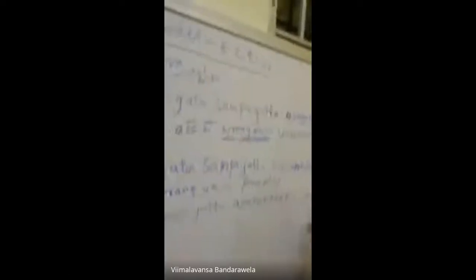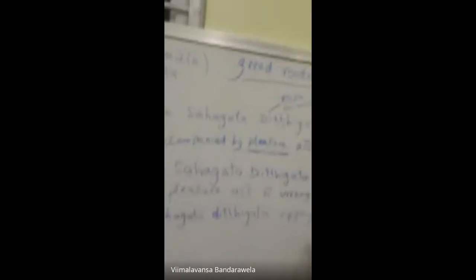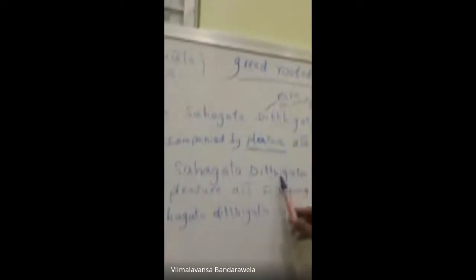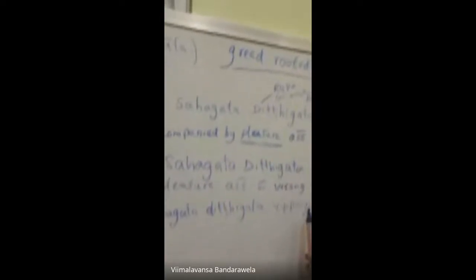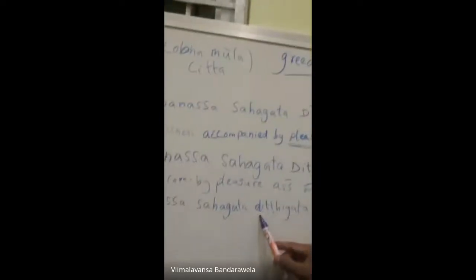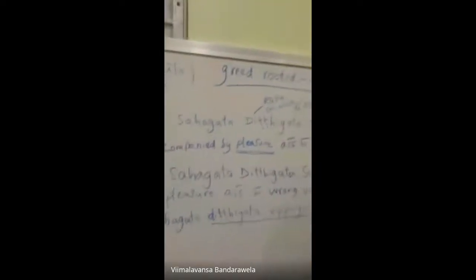Now see what the difference is. Somanasa Sahagata is the same. Ditthigata Vipayutta is different, since the first and second were Ditthigata Sampayutta. Asankarika Chitta is also the same. Ditthigata Vipayutta is the difference.